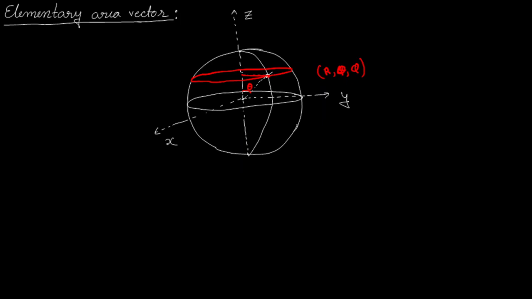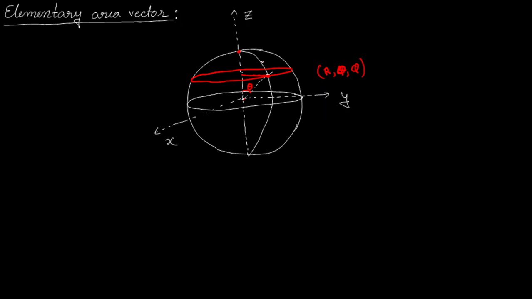Since it is on the curved surface, the distance between any point on the surface and the center of the sphere will always remain the same, and that will be the radius of the sphere. But if we go from one point to another, then theta and phi will change. If we consider a point at the top, theta will be 0, and we cannot define the value of phi there, since it can have many values.